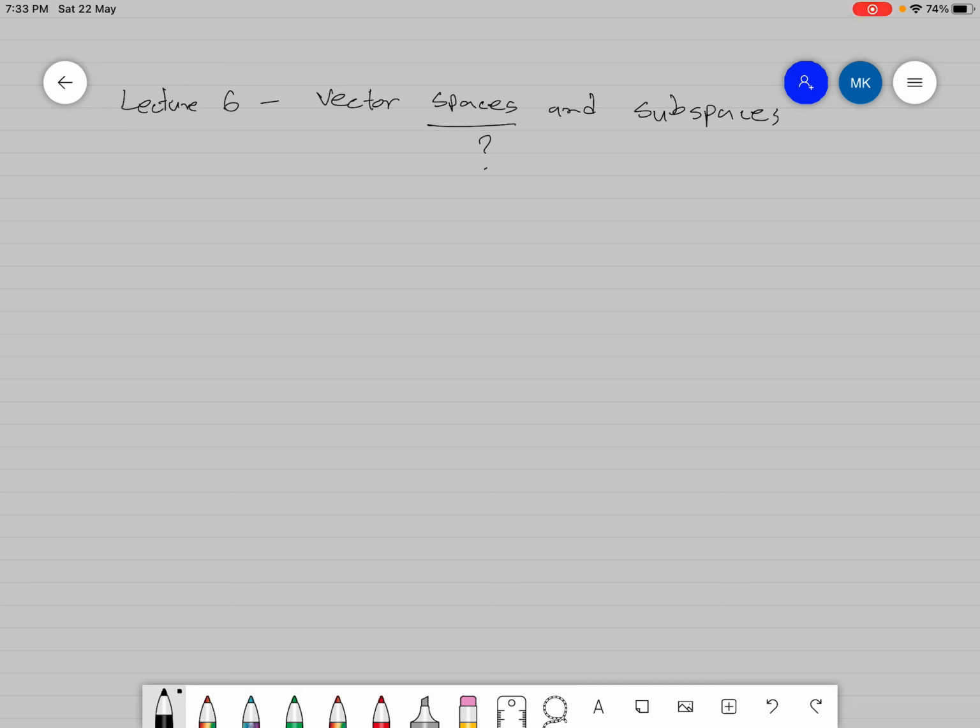One example of a vector space is R2. R2 is a vector space. Here R2 means all two-dimensional real vectors.